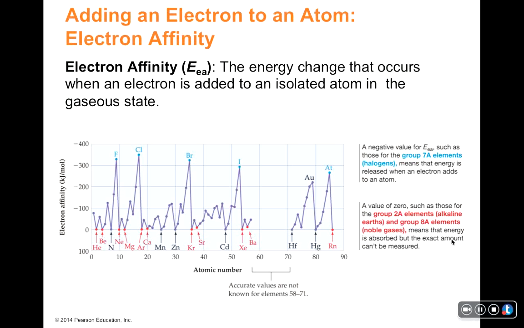So if you look at the ones that are highest here, fluorine, chlorine, bromine, iodine, and you look at where those are, in group 7, they would really like to gain that other electron to have that octet. So they have relatively high electron affinity values, because again, that reflects the energy change that would occur when they added an electron to themselves.